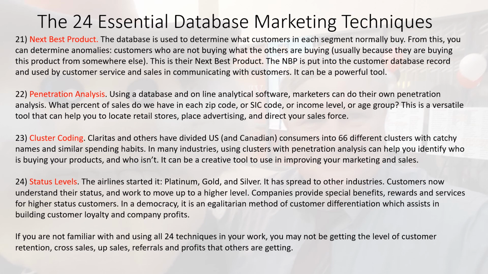We can use those status levels to determine how valuable you are to the organization and to customize our communications with you. So these are some of the things that database marketers can do that in many cases traditional marketers can't.